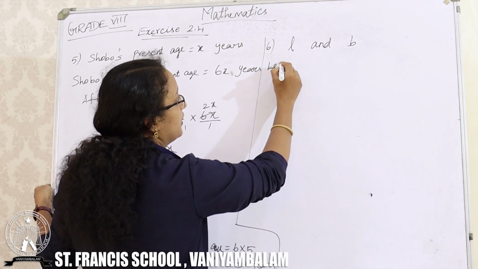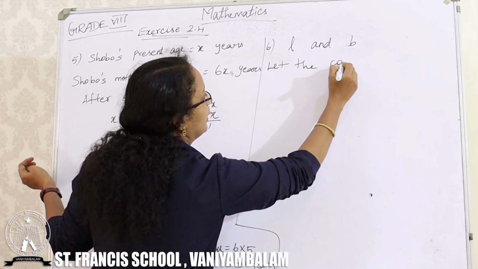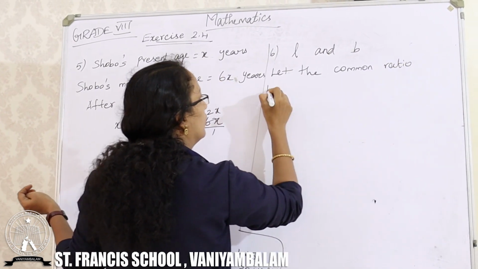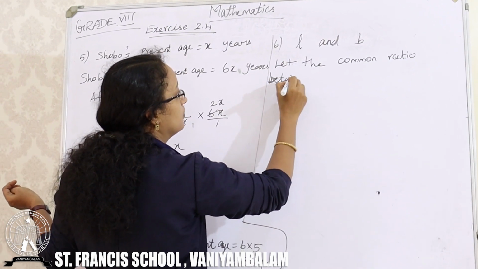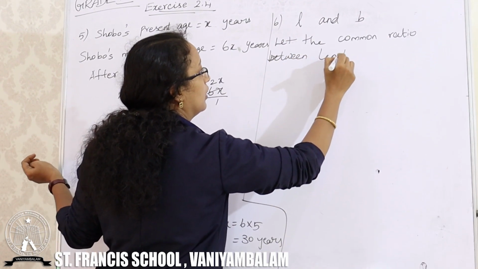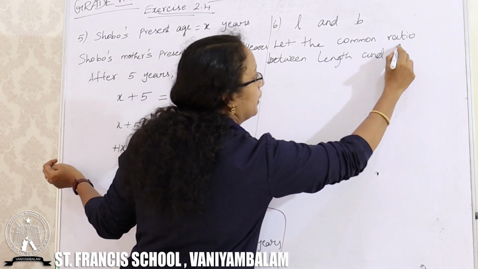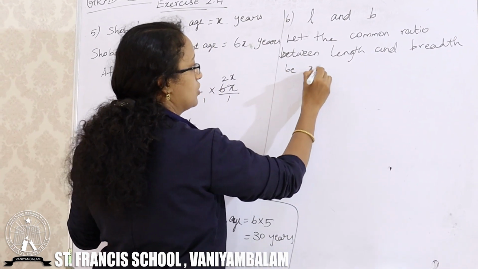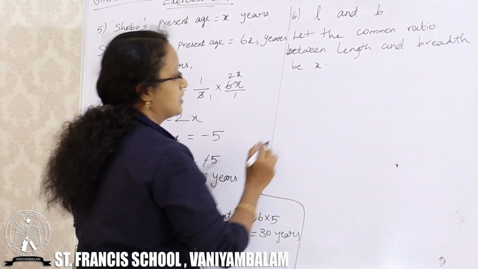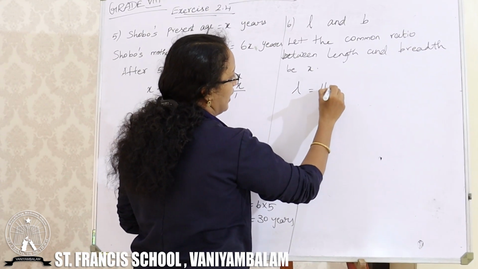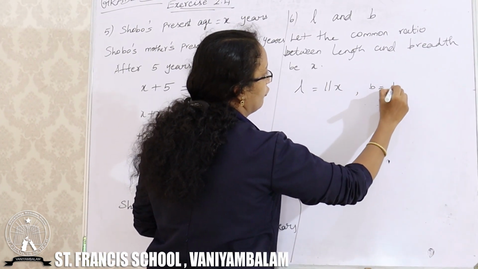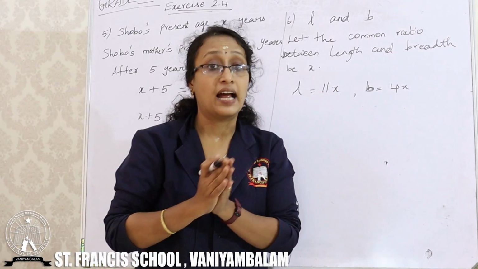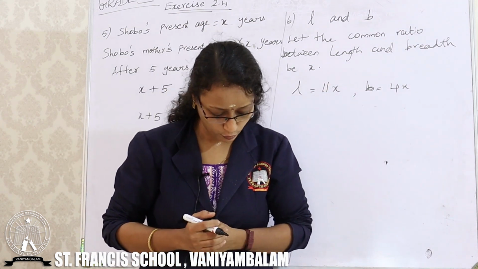So let us take the common ratio between length and breadth be x. So the length is 11x and the breadth is 4x. So we got the length and breadth now.